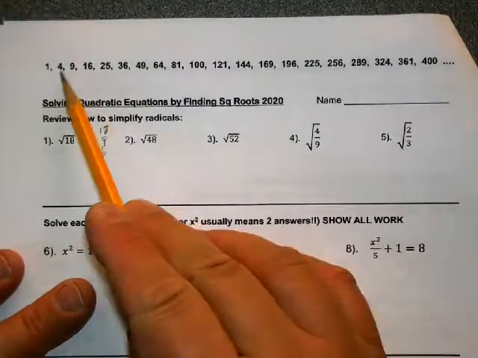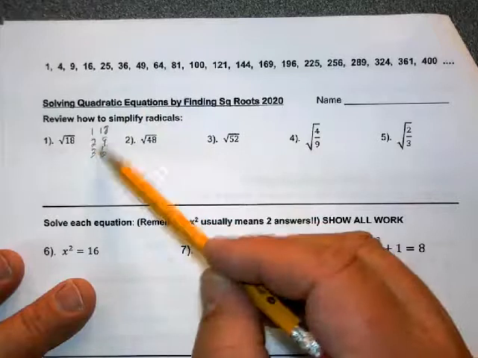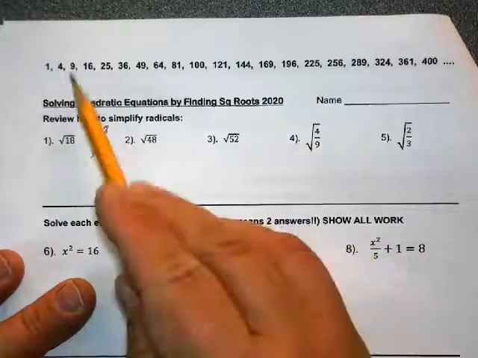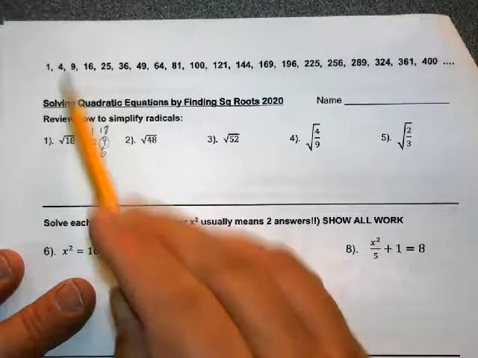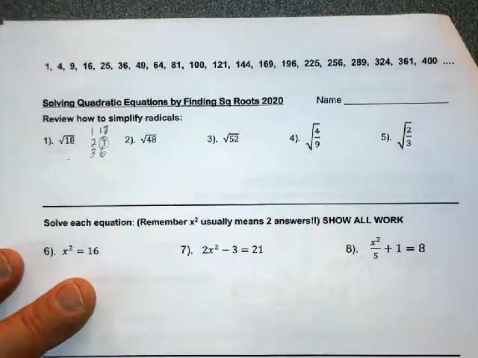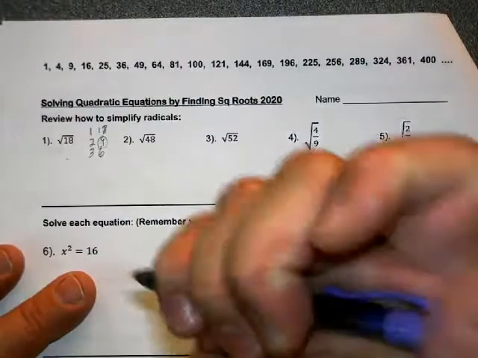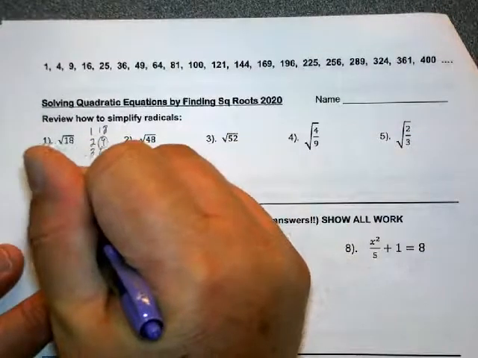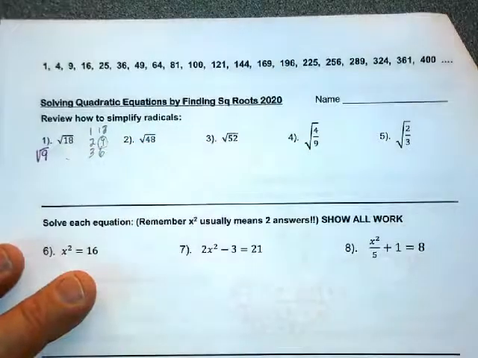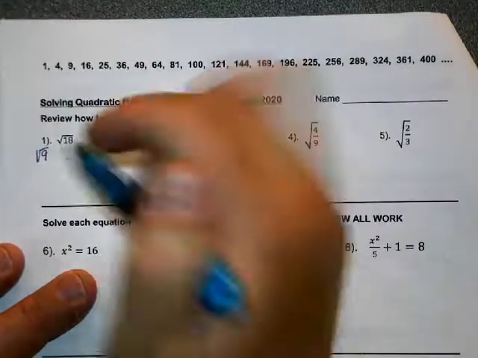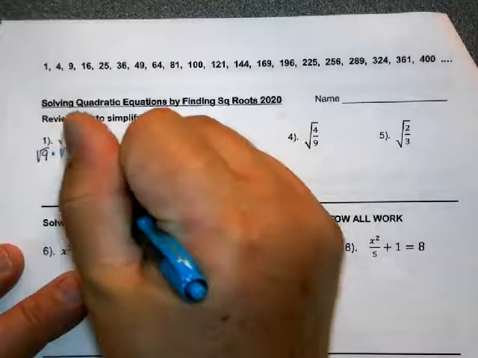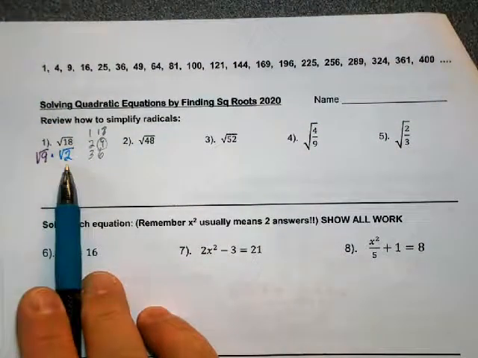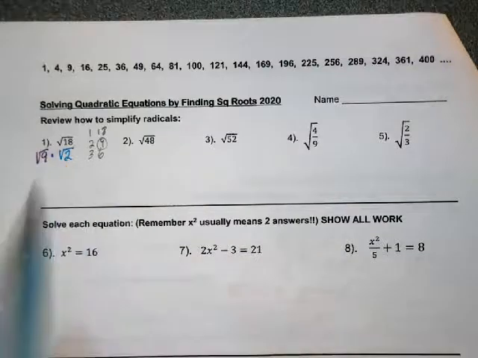The highest perfect square that's a factor of 18, well, look, there's a 9 there, right? There's a 9, a perfect square. So I'm going to break this up using the properties of radicals. I could say, hey, this is the square root of 9 times the square root of 2. See how that's a perfect square, an imperfect square?